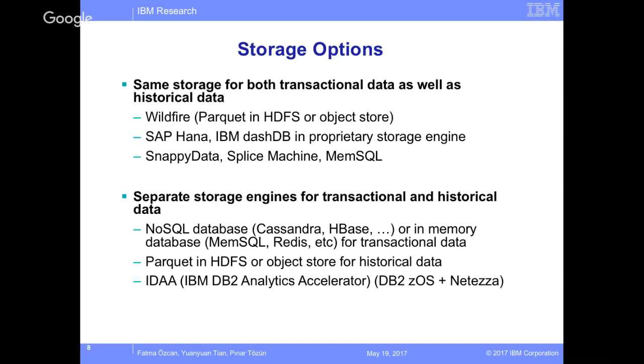So they will be two separate storage options. And again, the IBM IDAA is two separate because the transactional data is in raw format, goes to DB2 for z/OS, and then the analytics goes to Netezza, using the columnar organization.